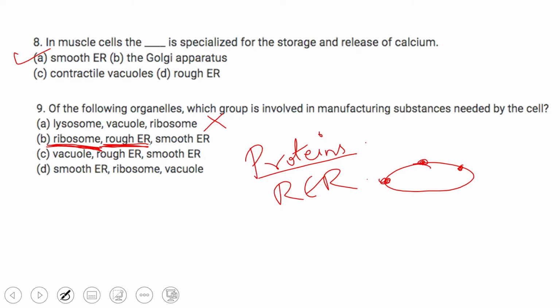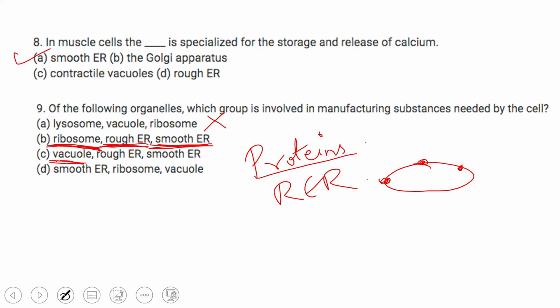Do you think smooth endoplasmic reticulum is responsible for the manufacture of substances? Yes, smooth endoplasmic reticulum is also involved in the manufacture of certain types of proteins and glycoproteins.